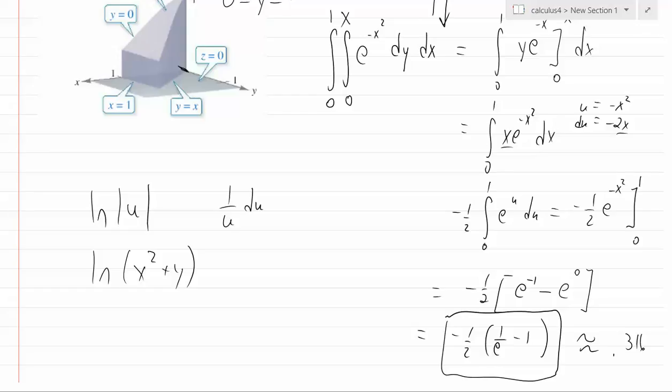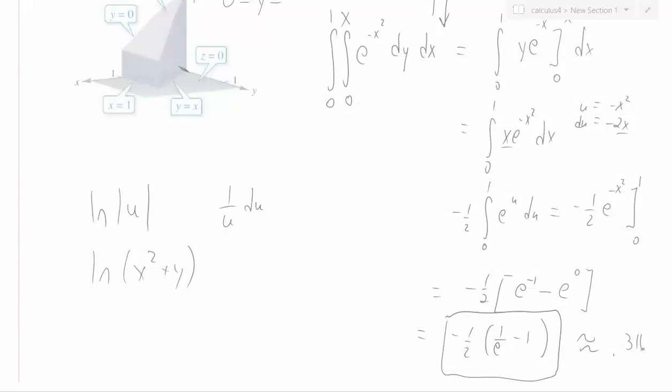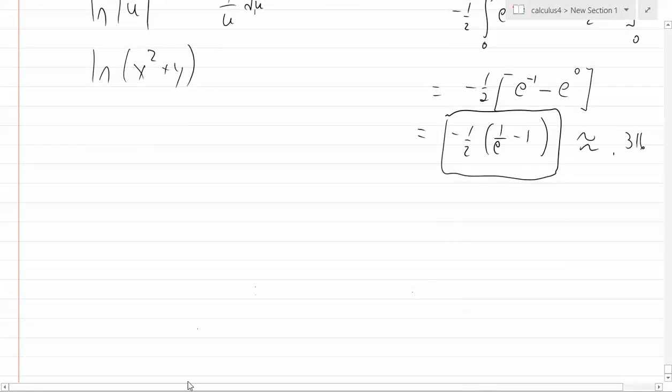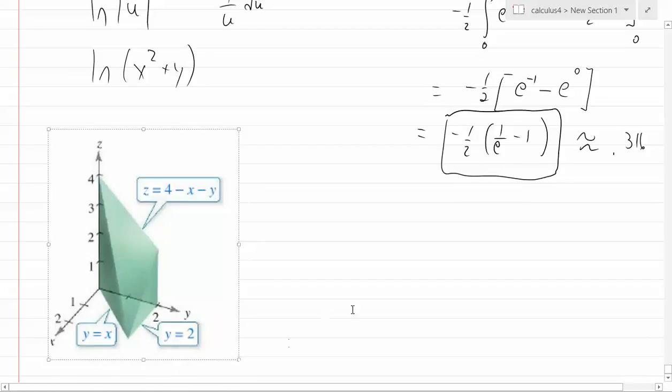Let's do one that has the surface already drawn, because that definitely makes a difference. Kind of helps you set the boundaries up if they're not given to you already. All right, so let's see if we can figure out how to find the volume of this figure. Remember, z equals f of xy.